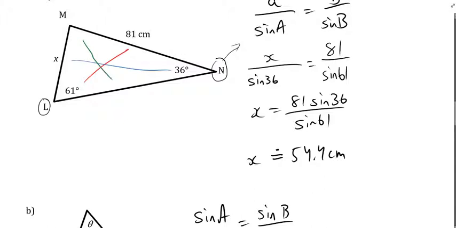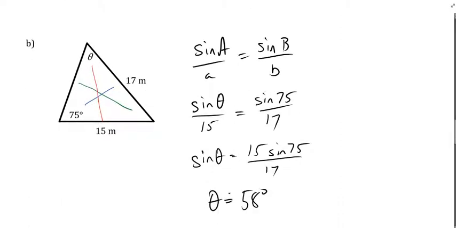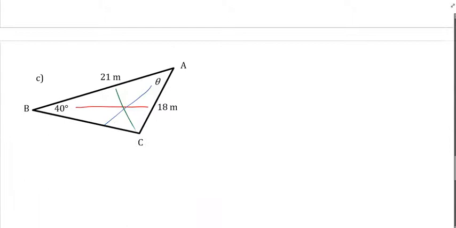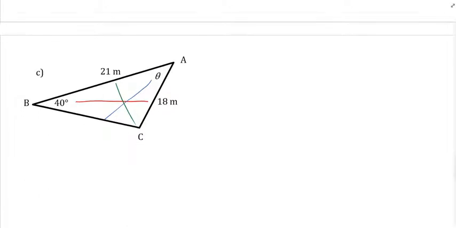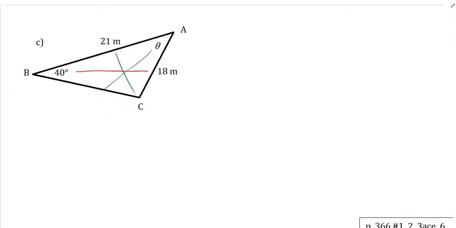What's different here? Red and red both have something. Blue and blue both have something at both ends of blue. Green has nothing, right? It's got a variable, but that's it. Same thing here. The green one has nothing. What's different about C? Riley? Yeah, I've got nothing across from theta.